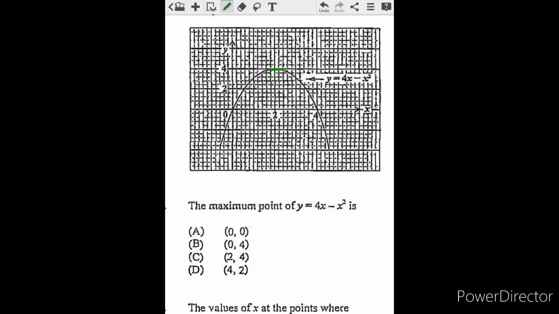And that is a y value of 4 and an x value of 2. So let's just plot that onto the axes so you can see what I'm talking about. Our x is 2 and our y is 4. So 2, 4, which is C.